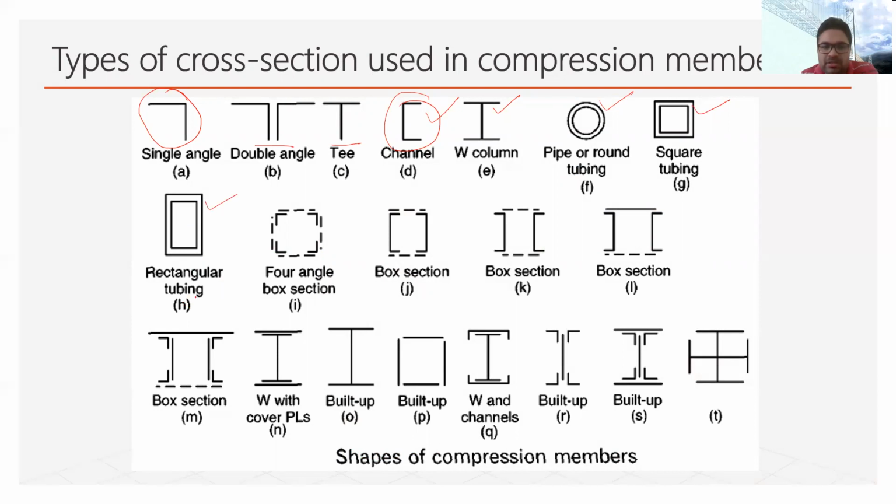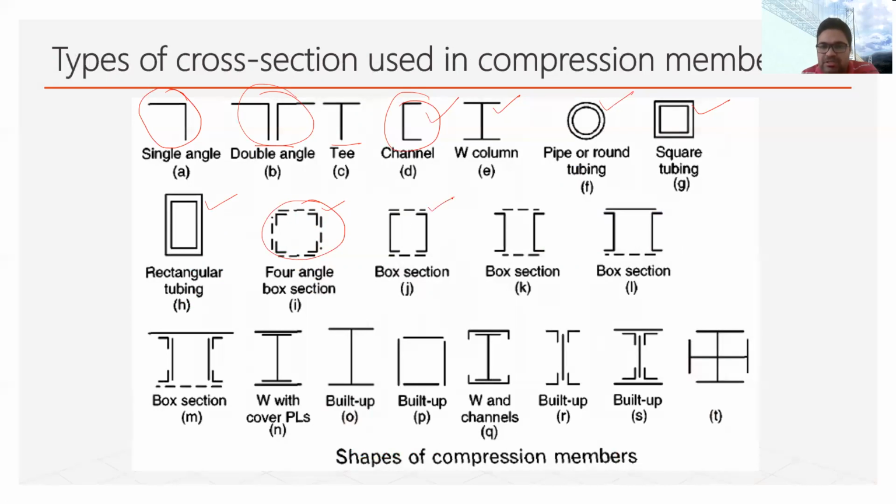Up to H, you can see they are single sections, except this one. And from I onwards, there are different sections which are composed into a single unit. They act as a single unit. Such kinds of sections are called built up sections.